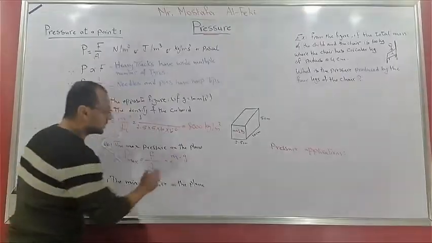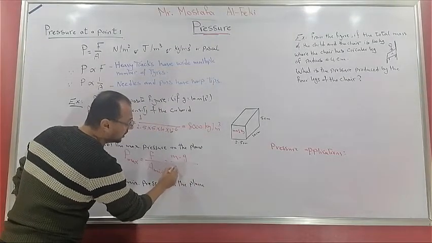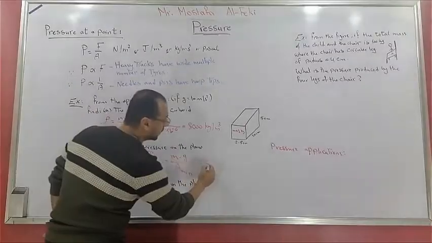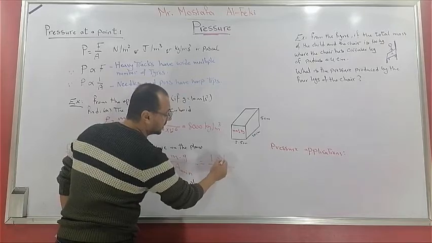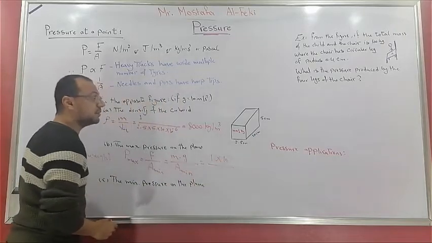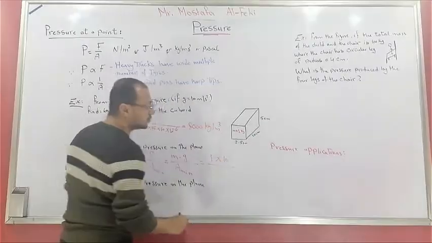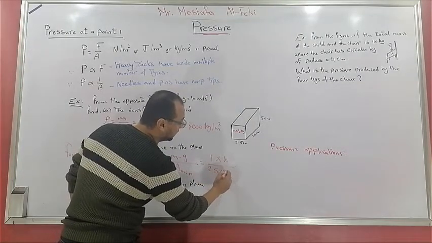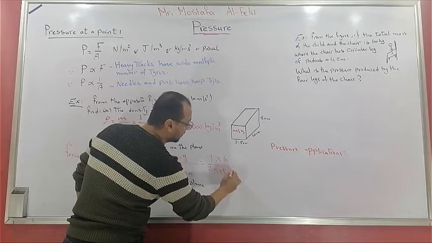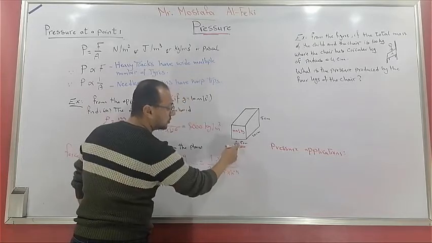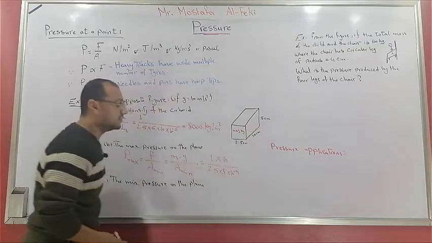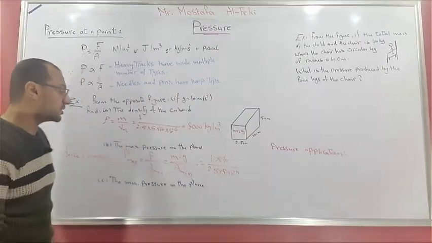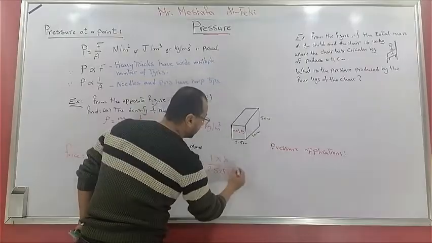Force equals the weight, m times g, divided by the minimum area, equals mass 1 times the gravity 10 divided by the minimum area. The smallest two dimensions are 2.5 times 5 times 10 power negative 4, 2.5 centimeter times 5 centimeter squared, converted to meter squared by times 10 power negative 4.